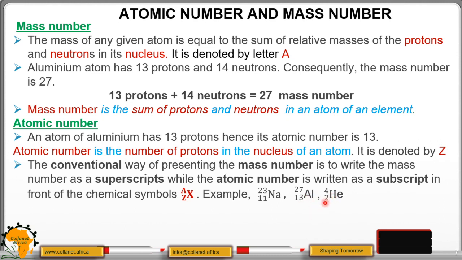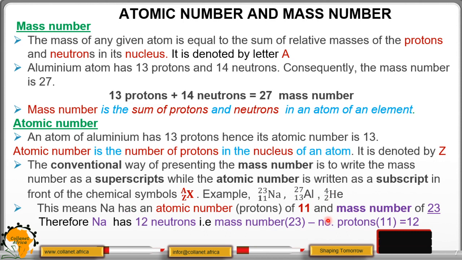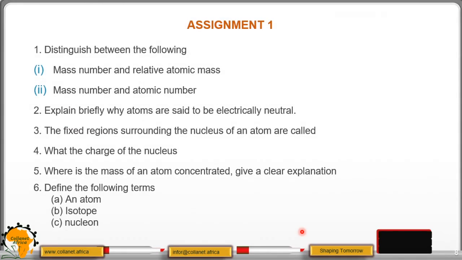The same case will be done in helium. This means sodium has an atomic number of 11 and a mass number of 23, and the number of neutrons is 12. That is 23 minus 11 to get 12 neutrons.